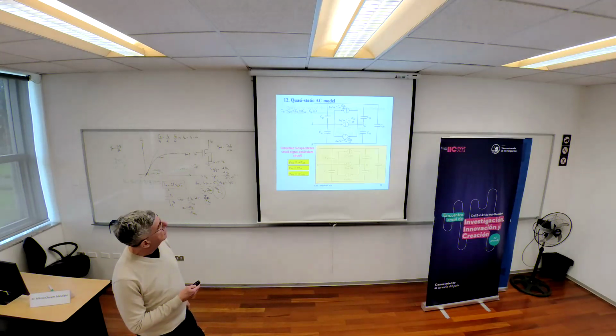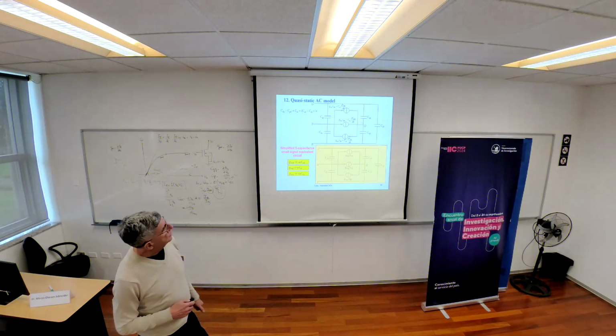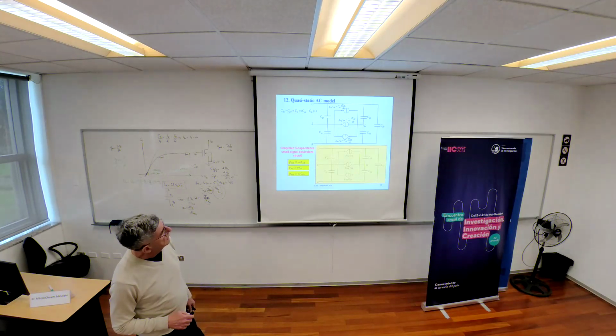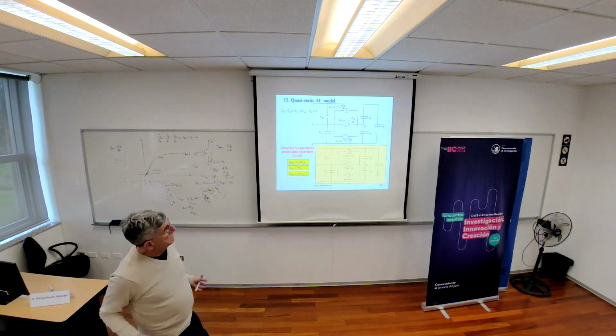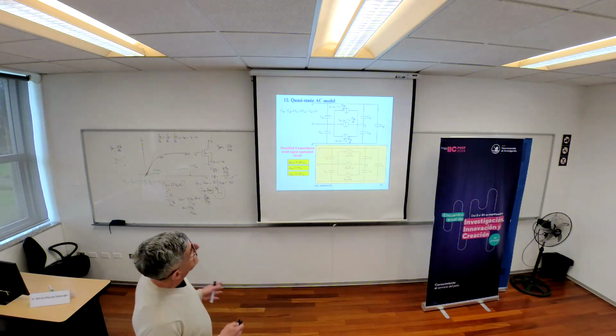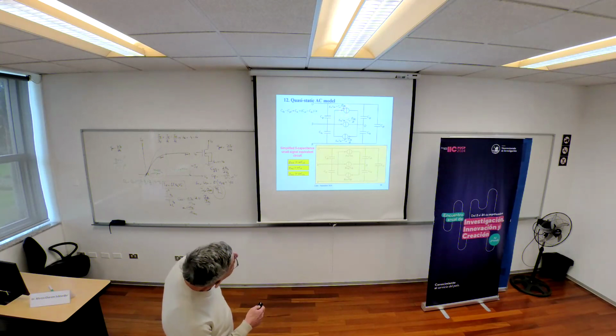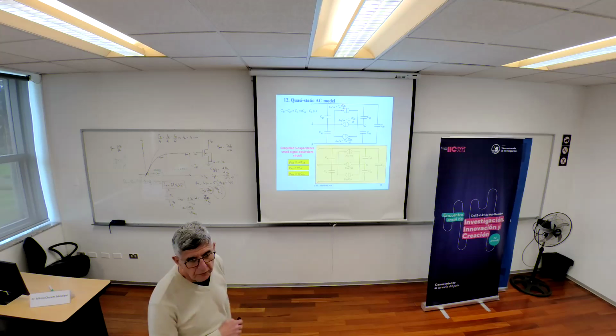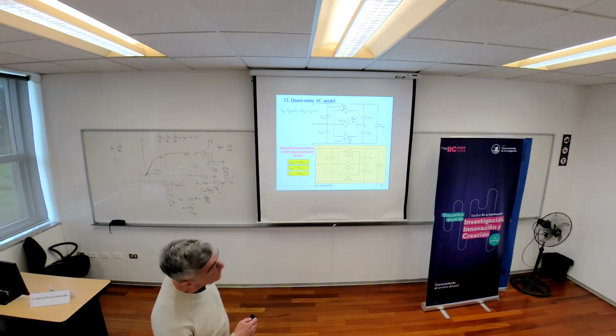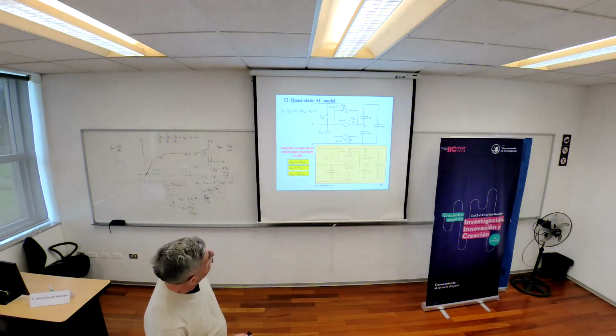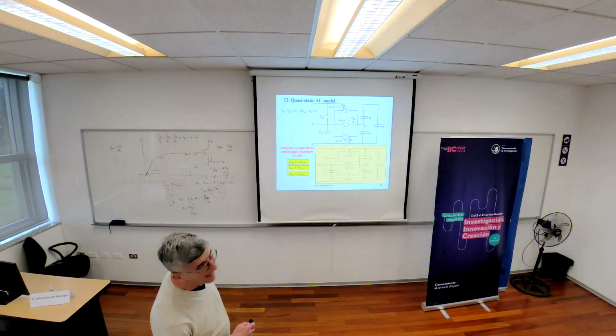So the model can be reduced first to 1, 2, 3, 4, 5. These are usual capacitors. But you also have capacitors here in this voltage controlled current source. You see that this capacitance depends on the derivative of the drain voltage with respect to the voltage. Another one here, CM, another one. So you have 2, 3, 5, 6, 7, 8.